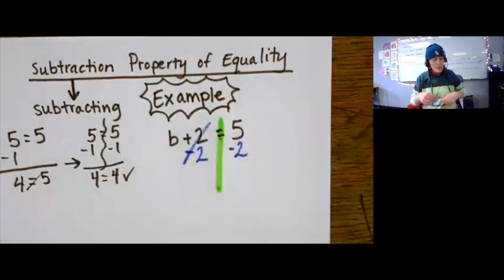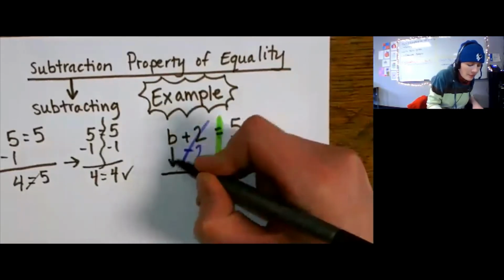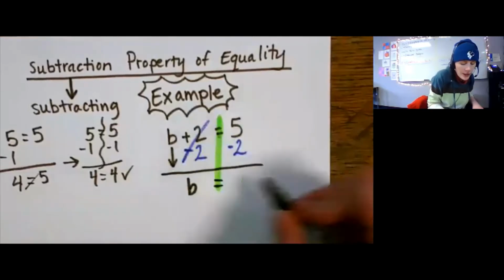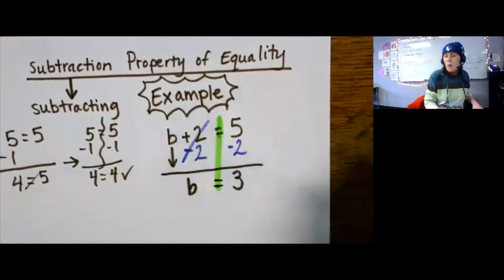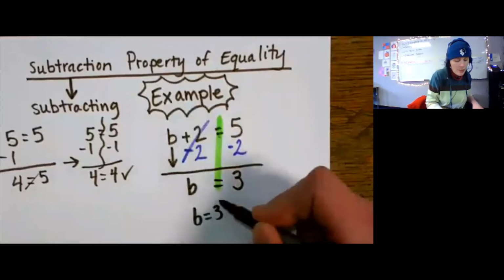The b is going to drop down. We did not do anything to our variable. And 5 minus 2 is 3. So our final answer is b equals 3.